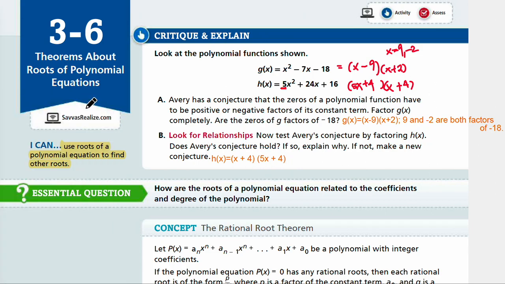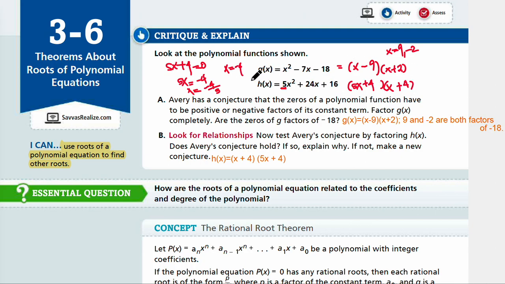When 5x plus 4 is equal to 0, then 5x is equal to negative 4, and x is equal to negative 4 over 5. And then x is equal to negative 4 for the other root.